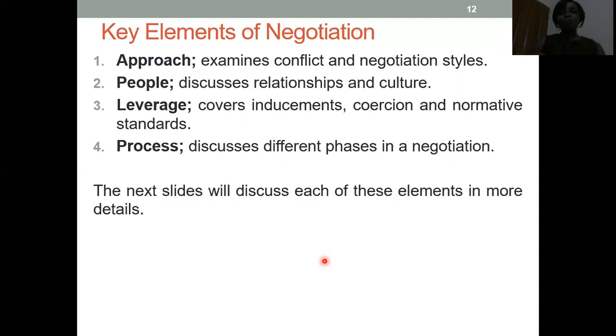If you cannot talk to the person, then definitely there will not be any negotiation. So your relationship really matters between you and the other party, and also your culture matters a lot. We're going to talk a lot about this during that class. You have a class dedicated to relationship and culture. I'll tell you this in that class.